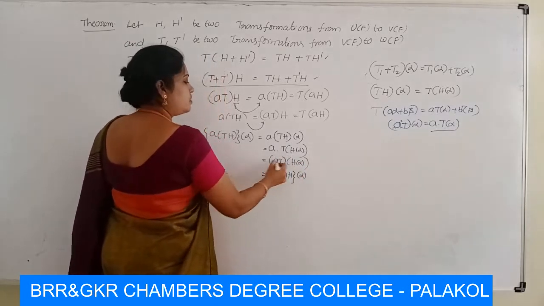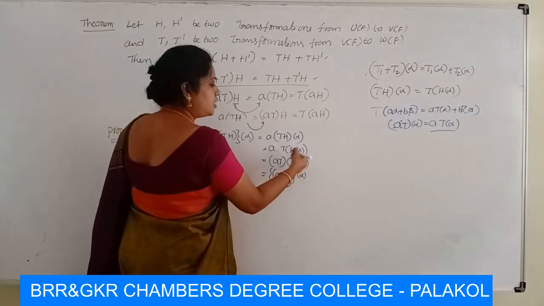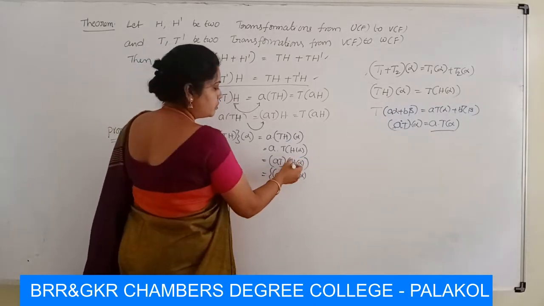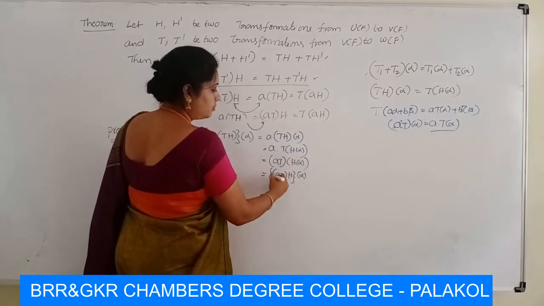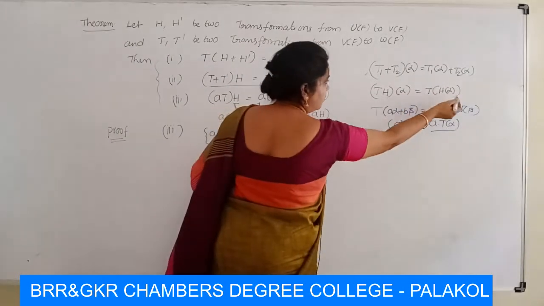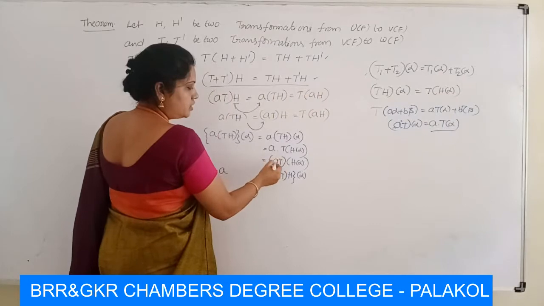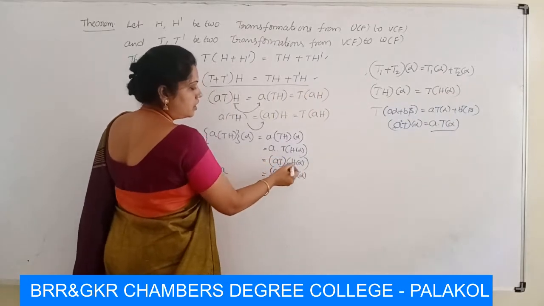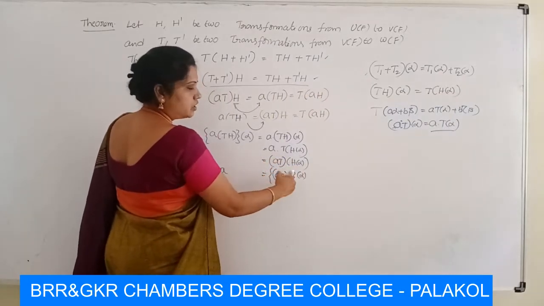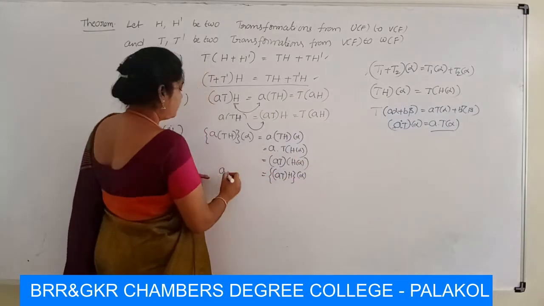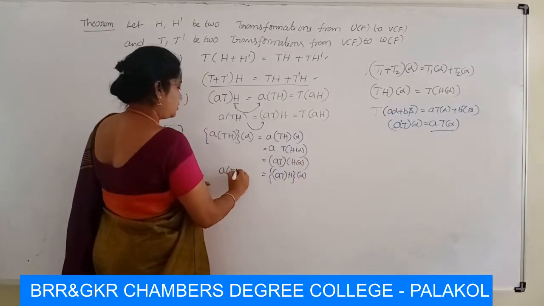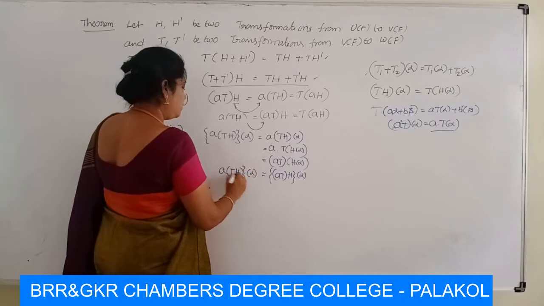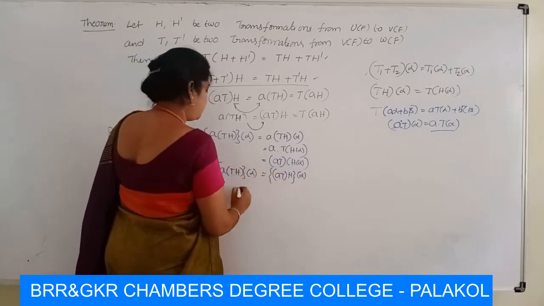So the product of the transformations. Here aT is a transformation and H of alpha is another transformation. So T of H of alpha can be written as, this is T, this is H. So this is the product of aT into H, again with the offering element alpha. So a into TH of alpha is equal to (aT) into H of alpha.